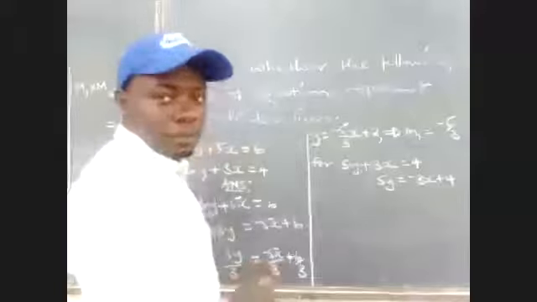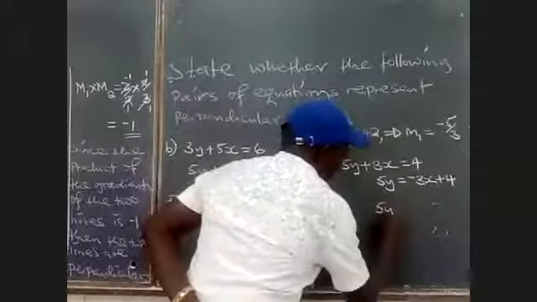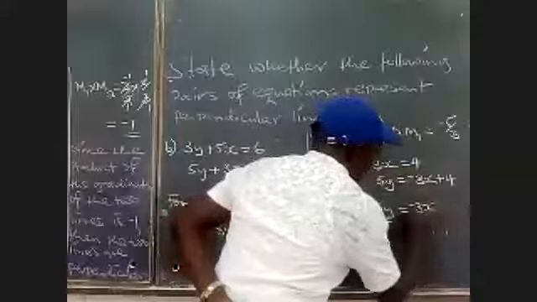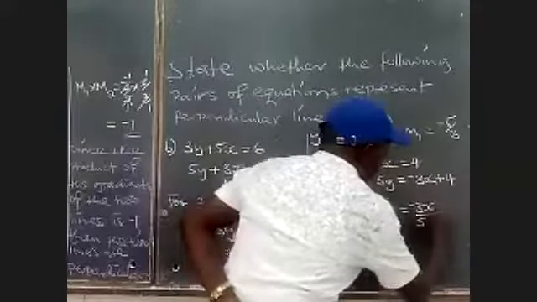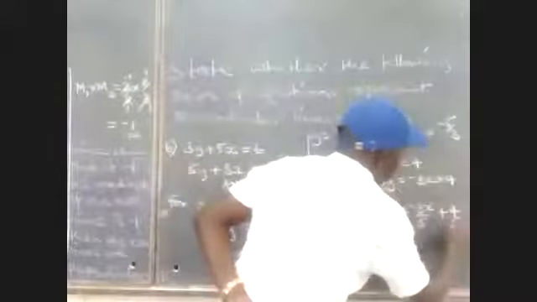And then 5y divided by 5 is equal to negative 3x divided by 5 plus 4 divided by 5.